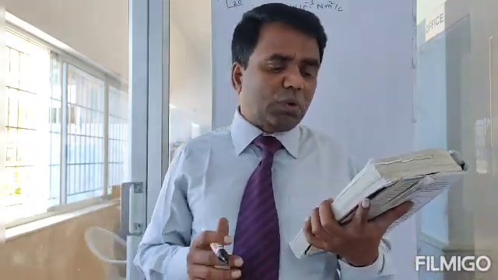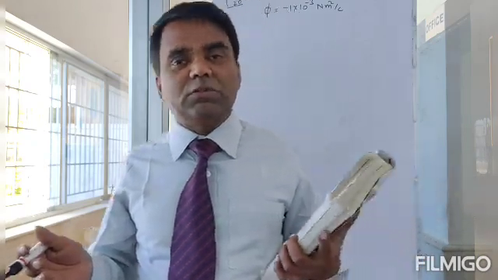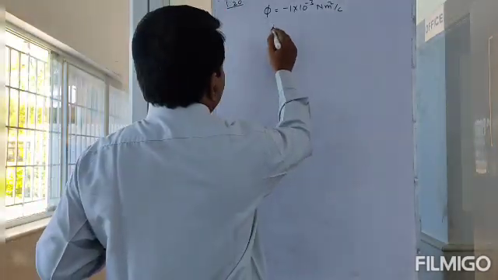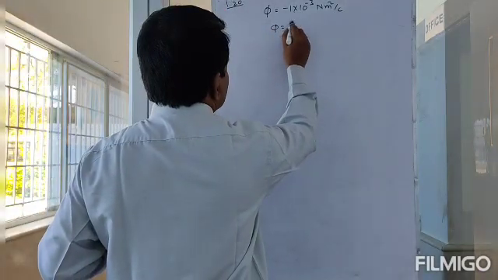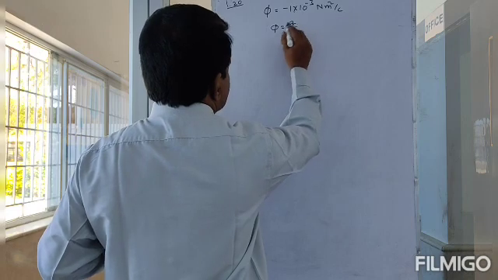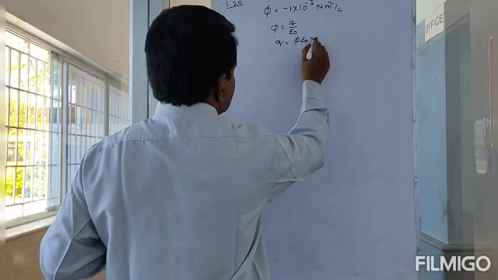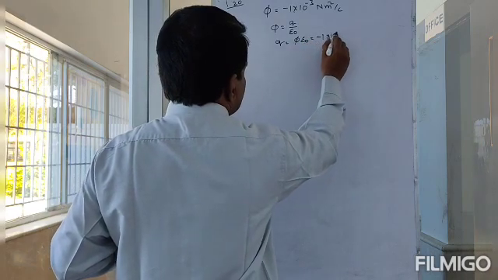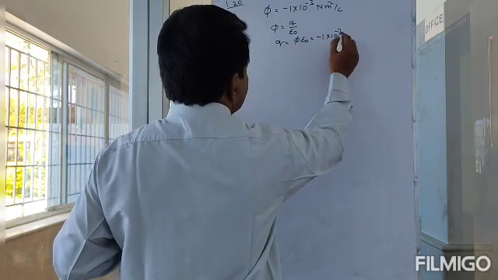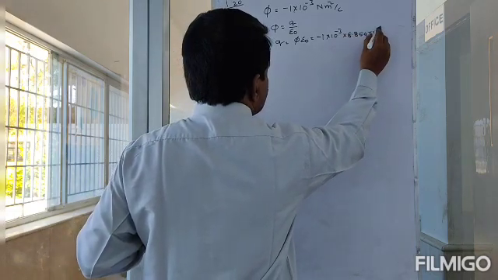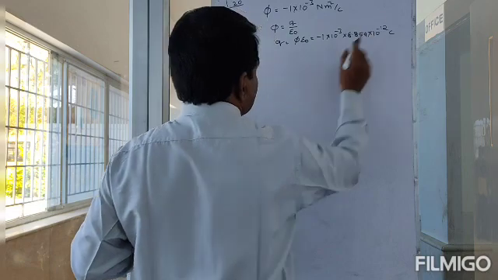And then, what is the value of the point charge? And that's easy. Well, the value of the point charge is very easy, right? So the phi is also equal to Q by epsilon naught. So it's a point charge. So Q must be equal to phi into epsilon naught. So minus 1 into 10 power minus 3 into 8.854 into 10 power minus 12 coulomb.